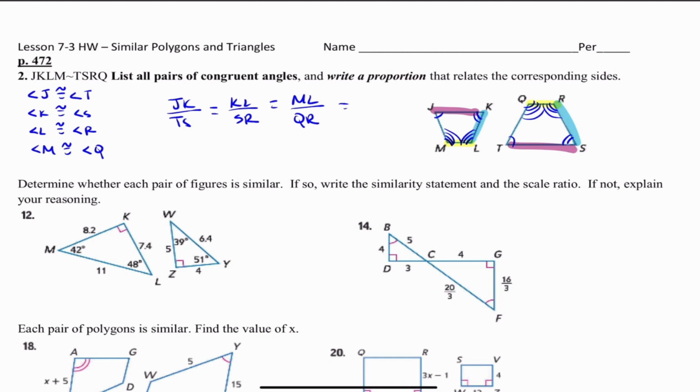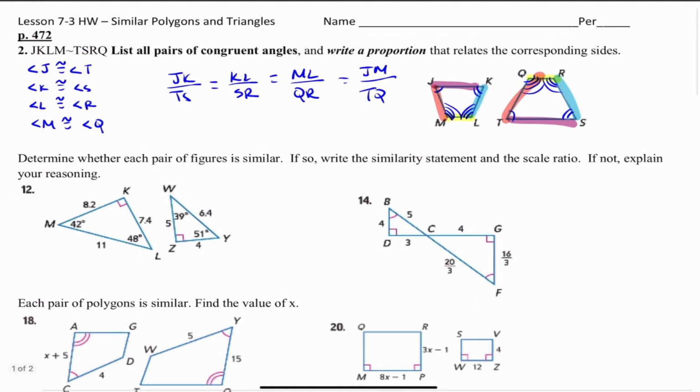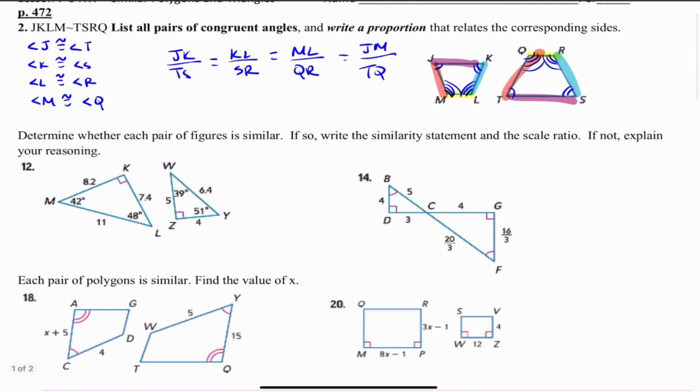And lastly, using a different color for this one, we have JM, which corresponds with TQ. You can verify by looking at the similarity statement. Remember, when we're writing similarity statements, they have to be in order of correspondence. So angle J is congruent to angle T, K, S, L, R, M, Q, and then JK, TS, and so on and so forth. That should be it for that problem.